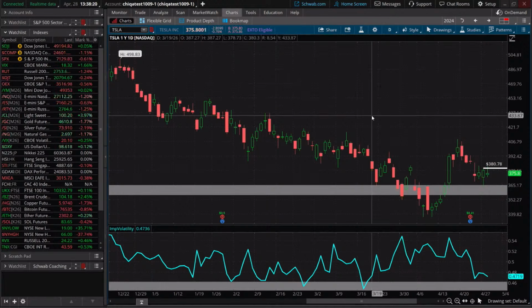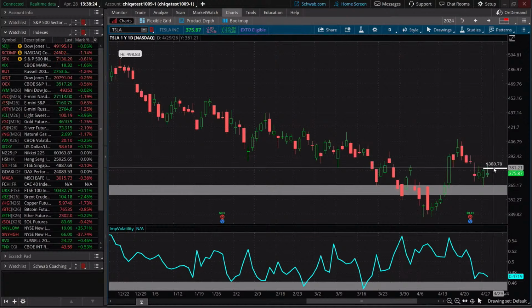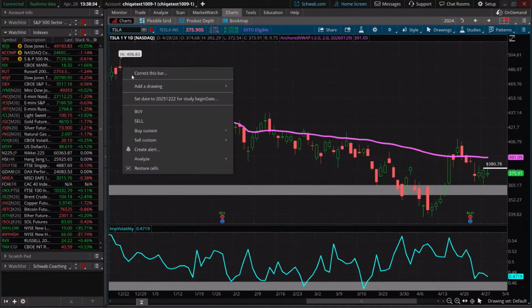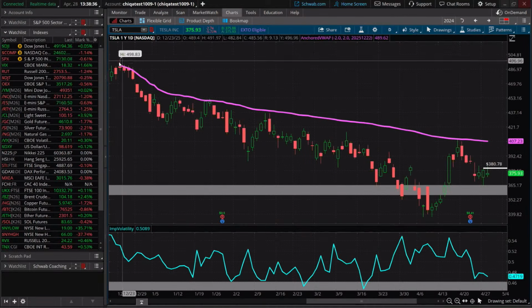Now, where could price possibly find resistance if it did close above the high of this low day, if we did see a little bit of confirmation? Well, let's throw on this anchored VWAP. We talked about the anchored VWAP, so we're going to anchor this volume weighted average price to the all-time high.